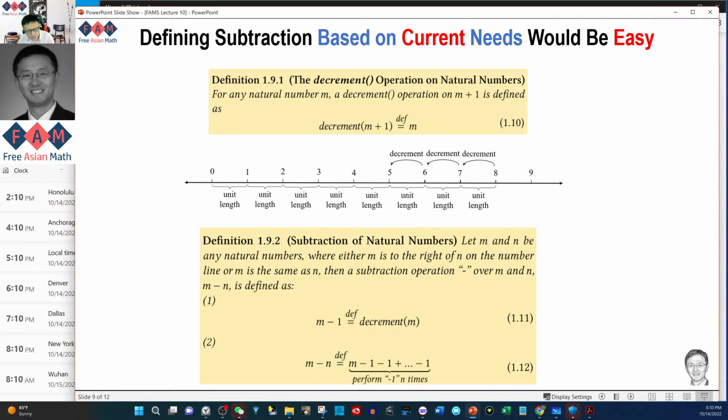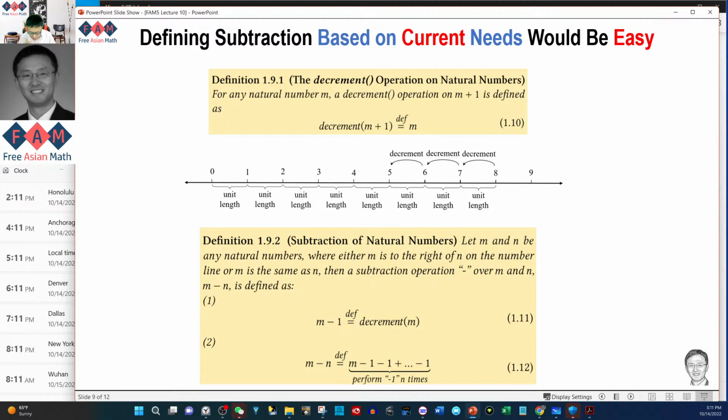But for m minus 1, m just cannot be 0. Okay? So, decrement m, that's what we define in the immediate above definition. So decrement essentially is m minus 1. The same thing. The only constraint is that m should not be 0, should be at least 1.